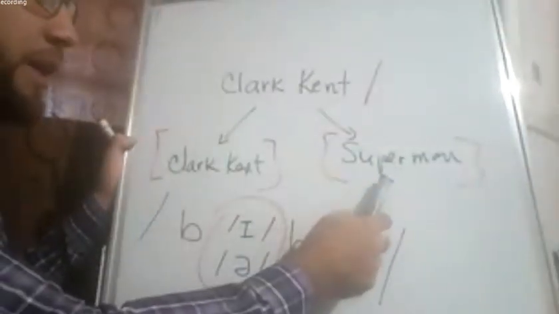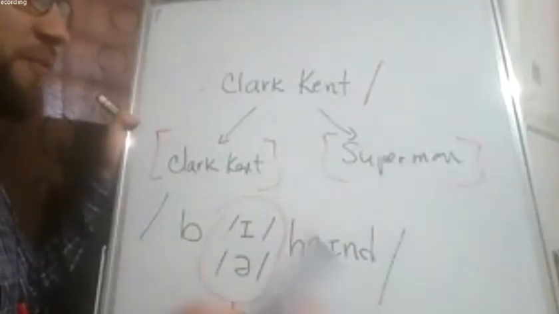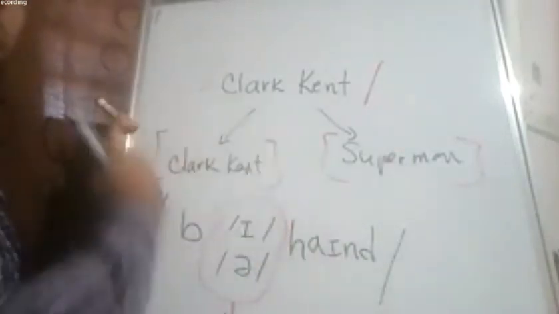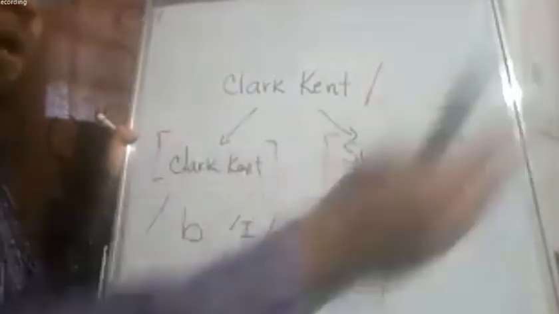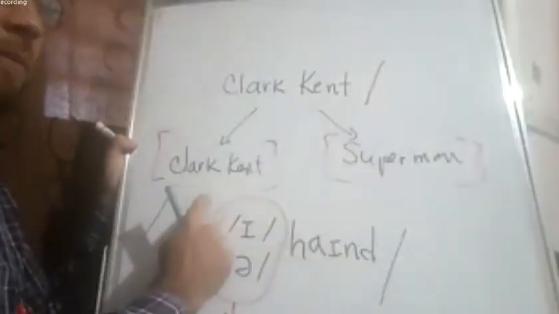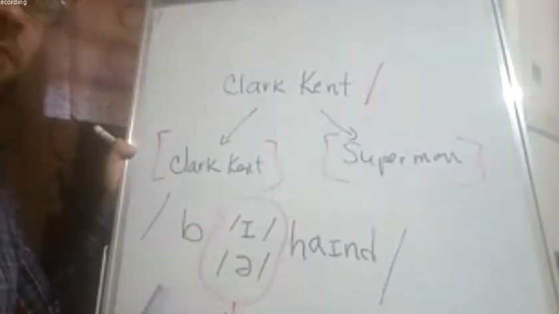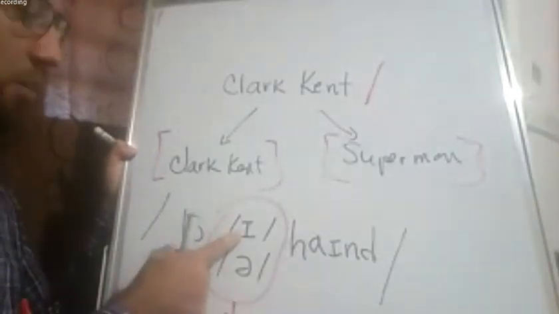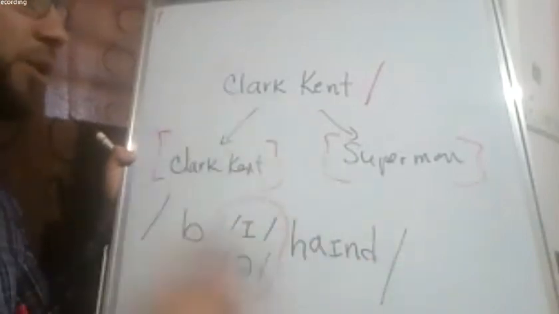However, if Superman didn't bring his outfit for work and he is just wearing Clark Kent's outfit, he can still do the job. Like he can simply go and save people even though he's not wearing Superman's outfit. So it's the same here. So maybe the main phoneme is E, but this one can also do the job. So he comes in and out depending on the person, right?